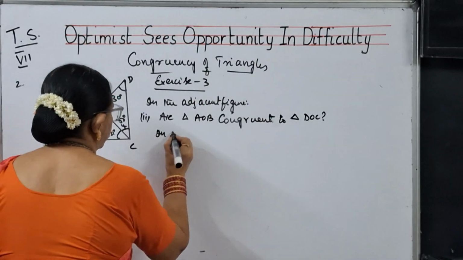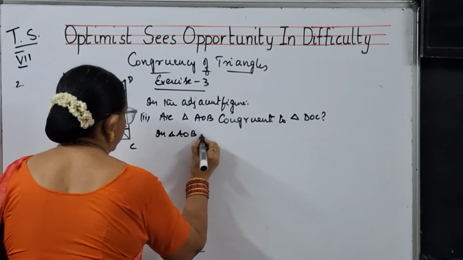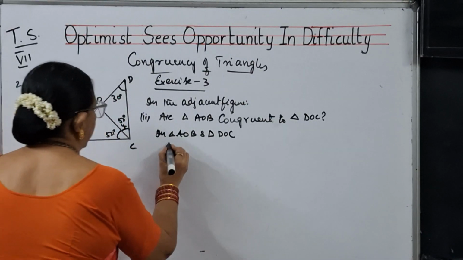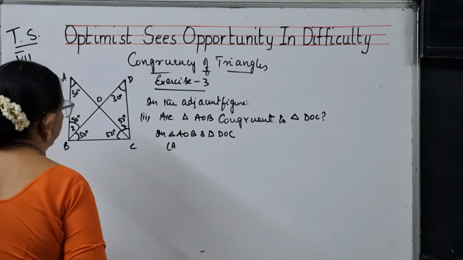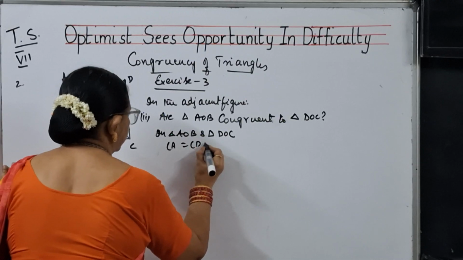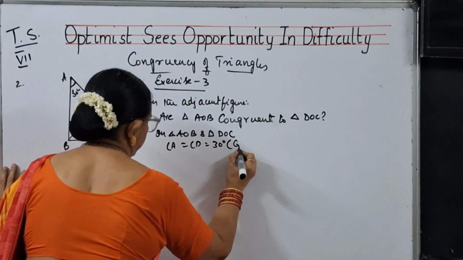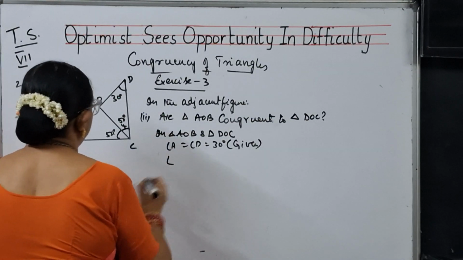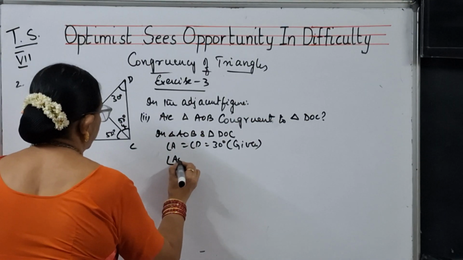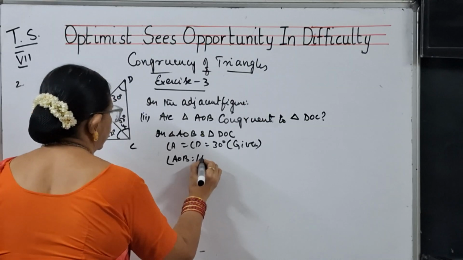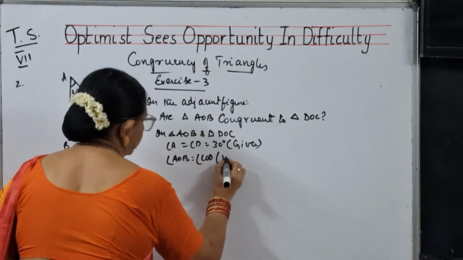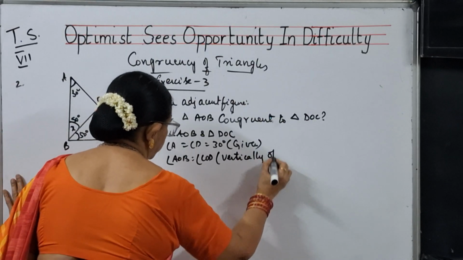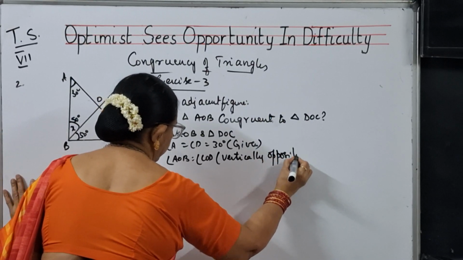So, in triangle AOB and triangle DOC, angle A is equal to angle D, 30 degrees, that is given to us, and angle AOB is equal to angle COD because they are vertically opposite angles.